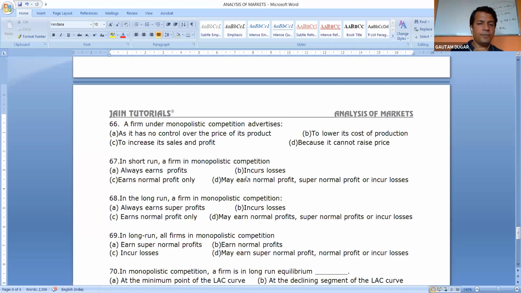In the long run, a firm in monopolistic competition earns only normal profits. That's correct. So 69 is also the same. Answer is B. In the long run, all firms in monopolistic competition earn normal profits.